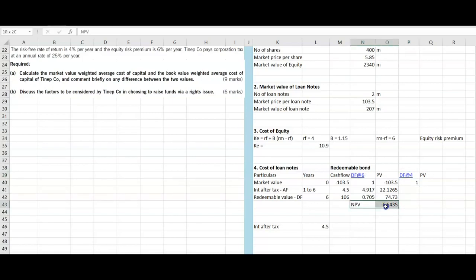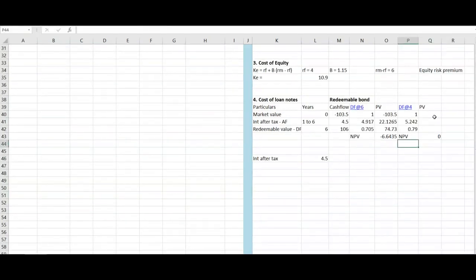Either way, the summation and the multiplication will remain the same. What only differs is these two discount factors. So we'll find the annuity factor at 4% for 6 years, and again the discount factor at 4% for 6 years.